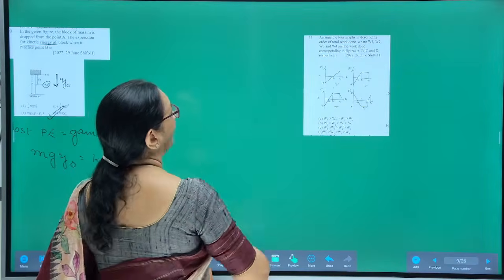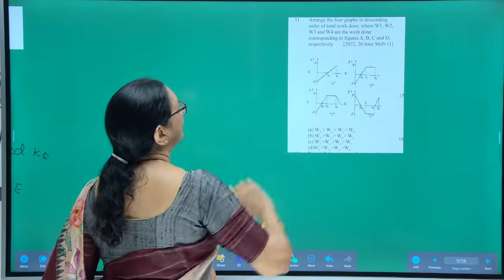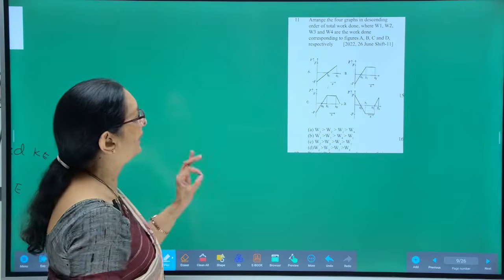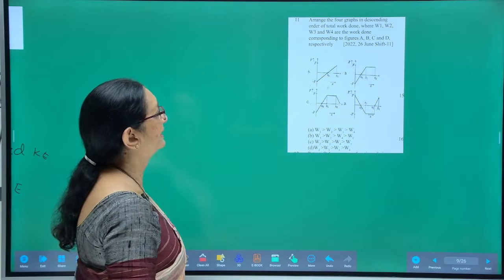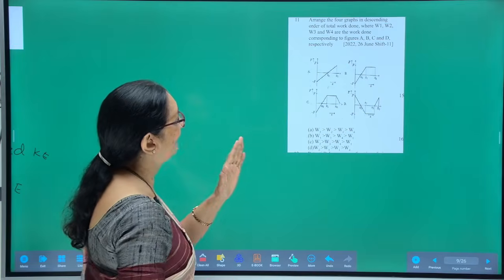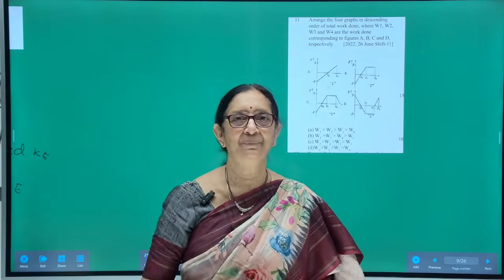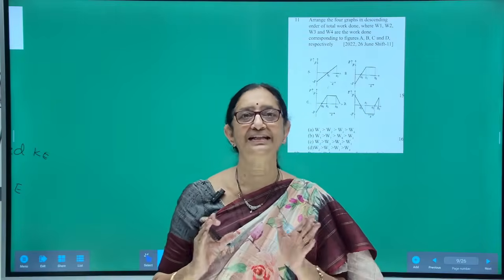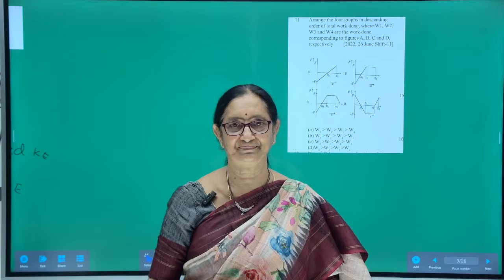Arrange the following graphs in descending order of total work done, where W1, W2, W3, W4 are work done in corresponding figures A, B, C, D respectively. Now, you tell me, from a force displacement graph, how do we find work?